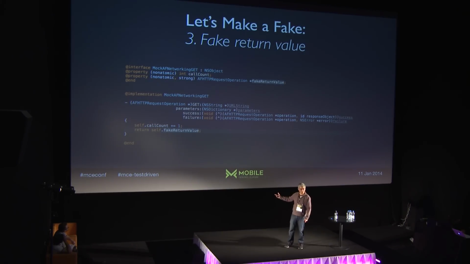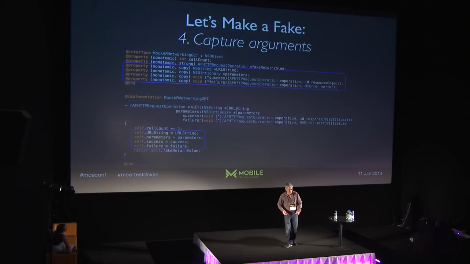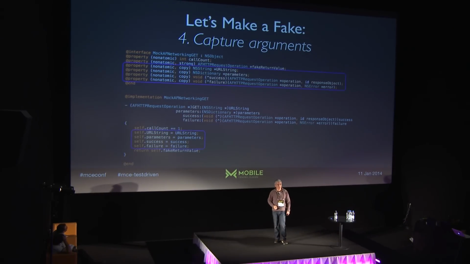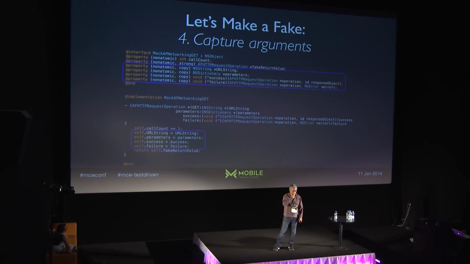Instead of returning nil, it returns the fake return value. And if that's not been set, then it will be nil, so it's okay. And finally, we want to capture all the arguments, again, in a bunch of properties. One for the URL string, for the parameters, and for the two blocks. And all it does is grab them. There, we've got our fake.